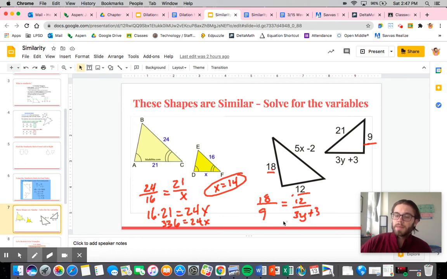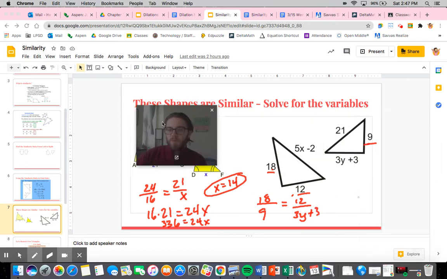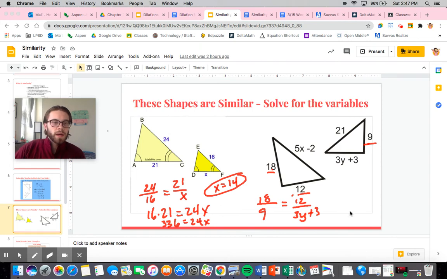Again, I'm going to cross multiply. All right, so I would get 18 times 3y plus 3, and that's equal to 9 times 12. Okay, so when we do some multiplication out, oops, wrong button, sorry.